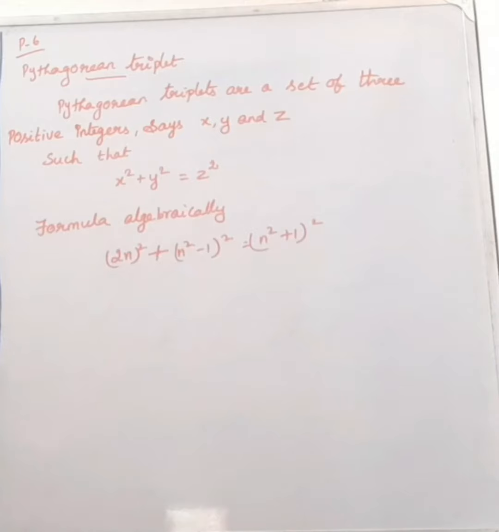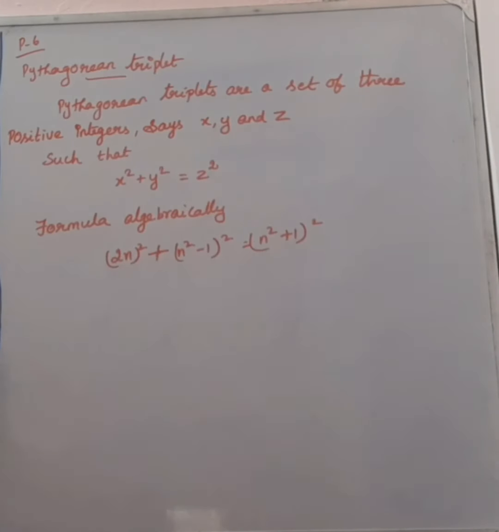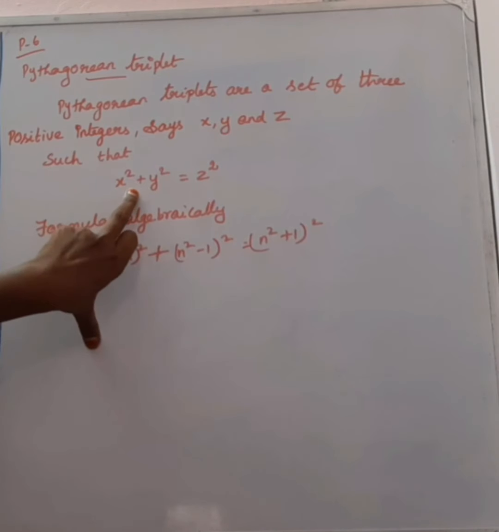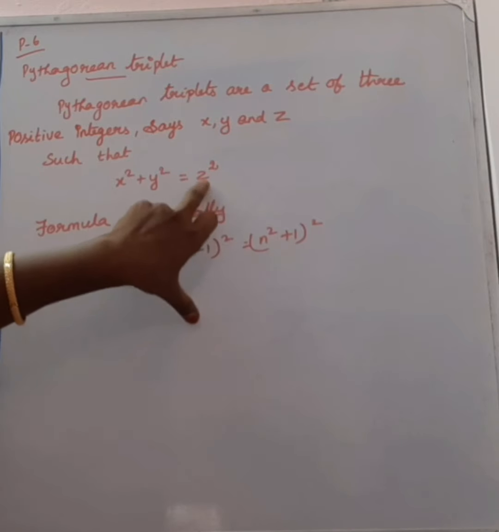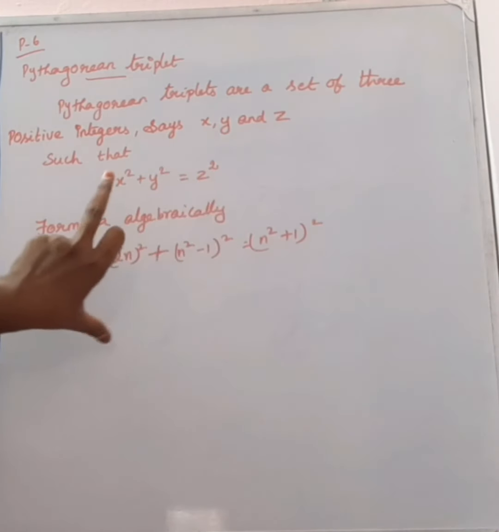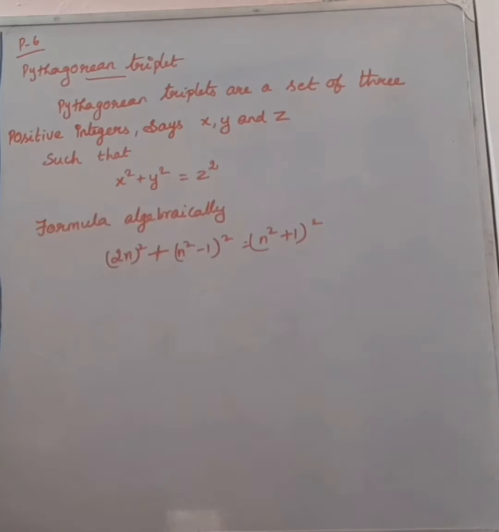The square of hypotenuse is equal to the sum of squares of other two sides, or instead of other two sides we can say opposite and adjacent side. Okay, so that is the formula. That's why here I am writing x squared plus y squared is equal to z squared. This is hypotenuse, opposite and adjacent.